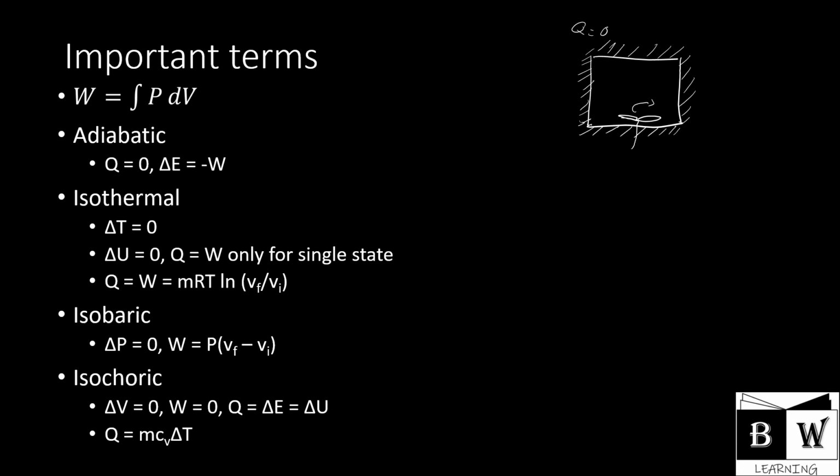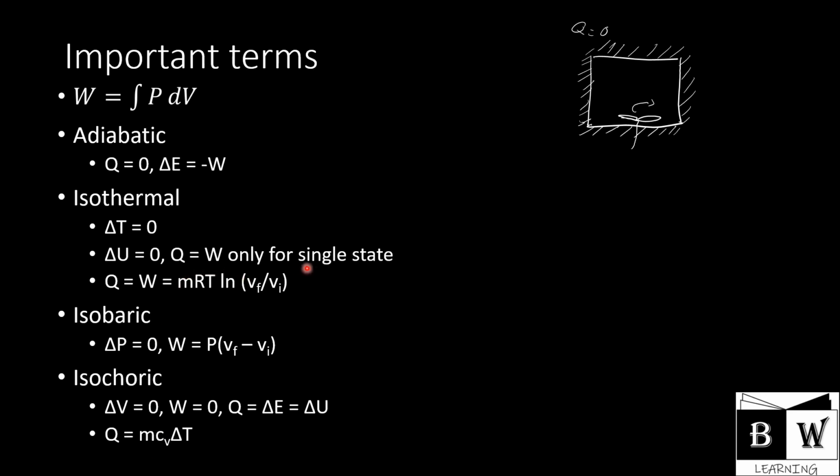If you have a question that tells you that it is an isothermal problem, then you have no change in temperature. When you have this kind of question, usually there is no internal energy change. So we can safely say that our heat transfer will be equal to our work done.